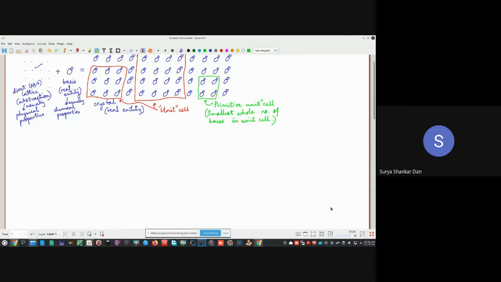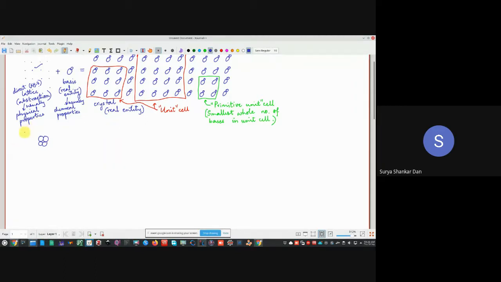So what we will try to understand now is that if we are keeping the atoms just side by side, the simplest way of packing them, but please understand this is definitely not the most efficient way.